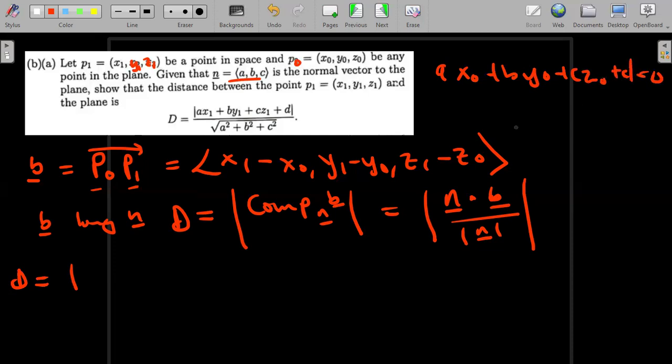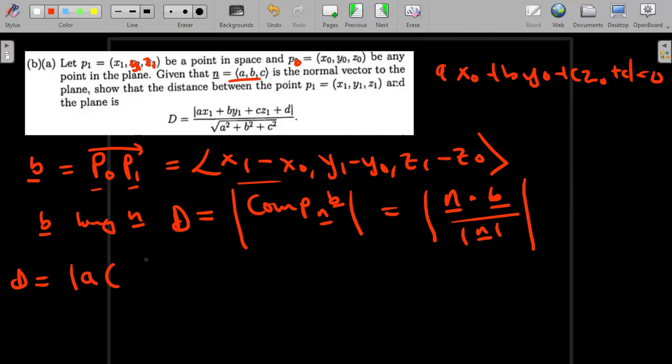We must keep this in mind. So now we are multiplying the normal by vector B. This here is B, which we found. The normal is the one we've been given in the question. So it's the dot product we're doing.